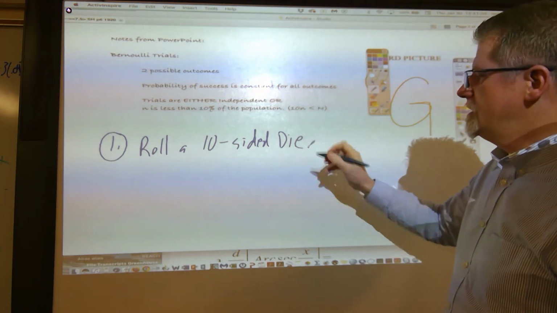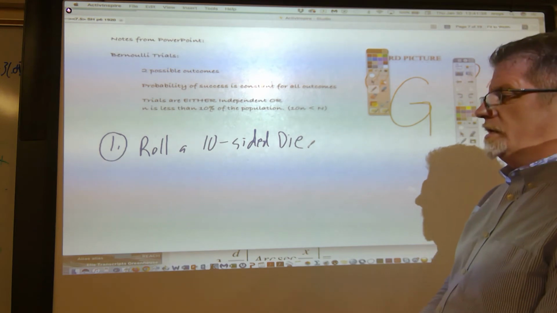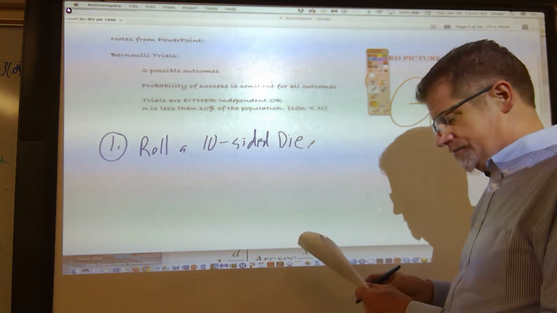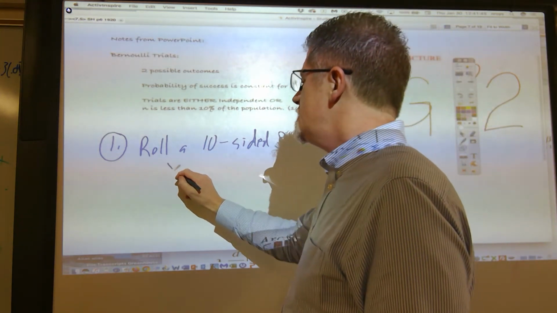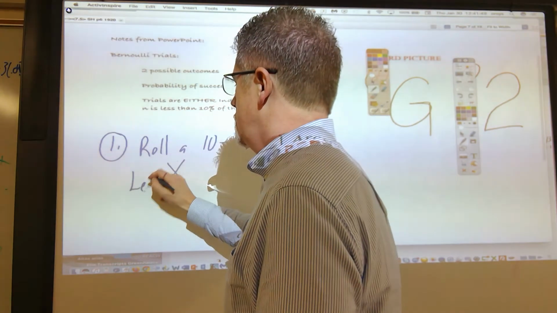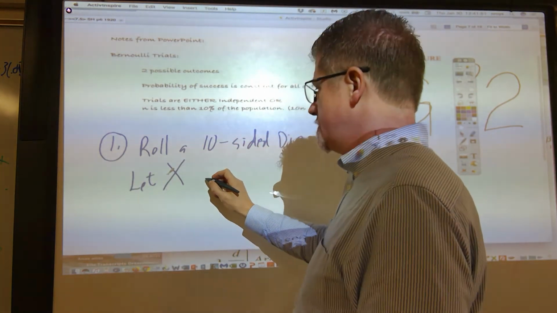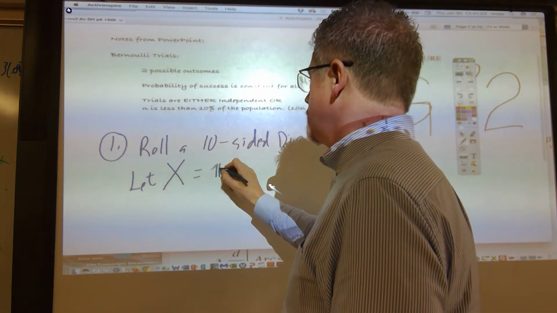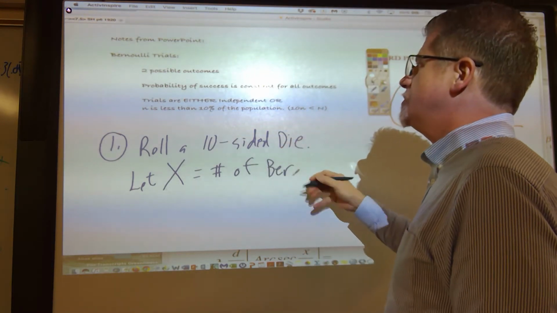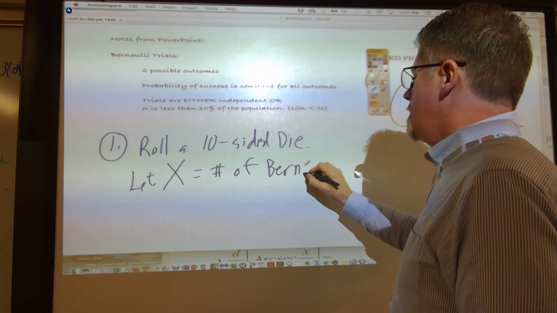Normally a die has 6 sides, but this die has 10 sides. It has numbers 1, 2, 3, 4, 5, 6, 7, 8, 9, 10. And we're going to let random variable x represent or equal the number of Bernoulli trials. So I have to teach you what a Bernoulli trial is.